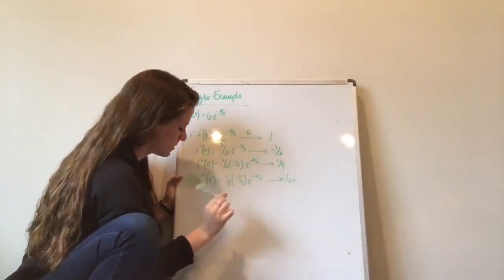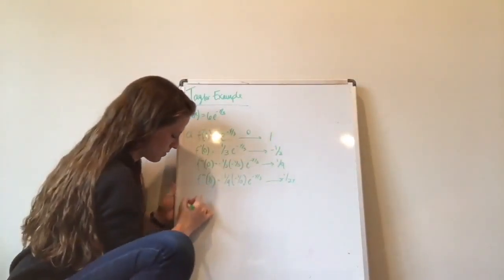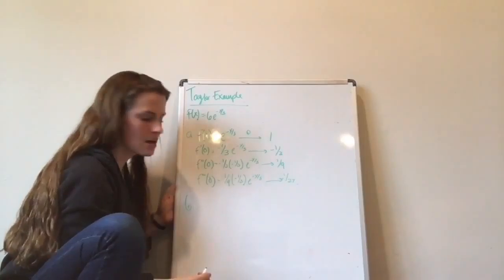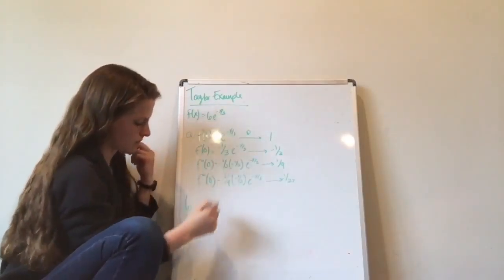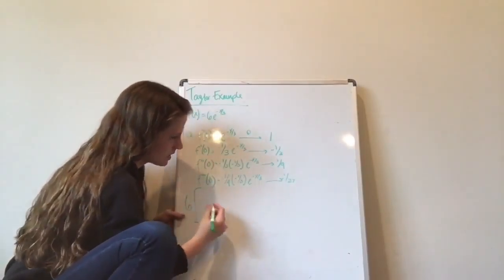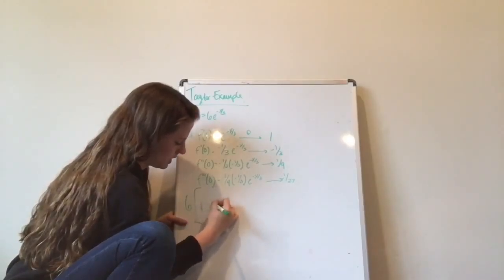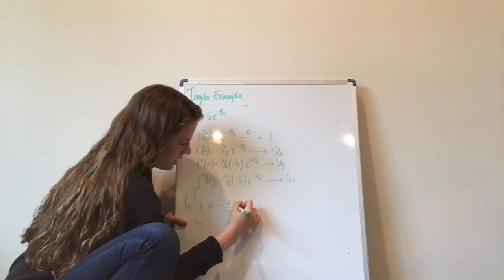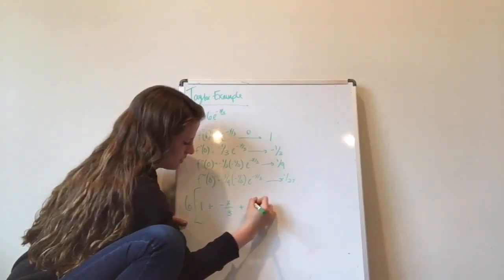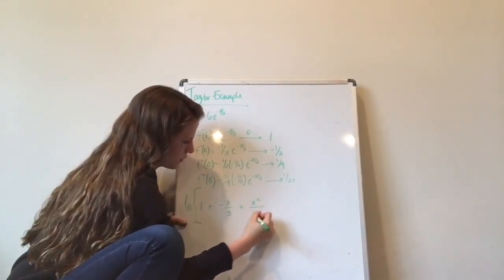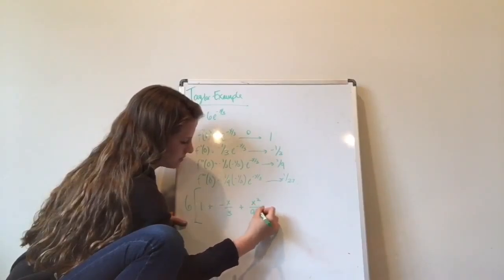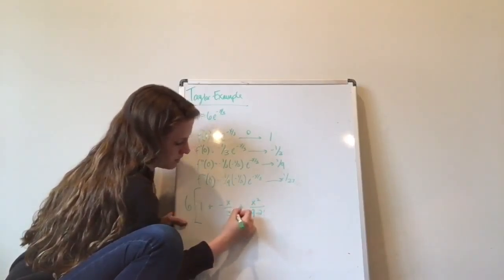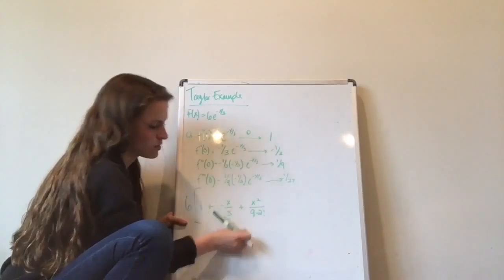And then once you have those, you can just plug it back into the equation. So we actually are going to multiply by 6 to factor the 6 back into the equation. So then you have 6 times 1 plus negative x over 3 plus x squared over 9 times 2 factorial. This is times 1 factorial if you remember, but it's just 1 so you don't have to worry about it.